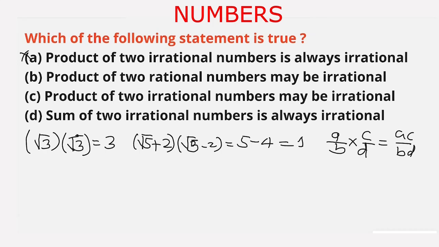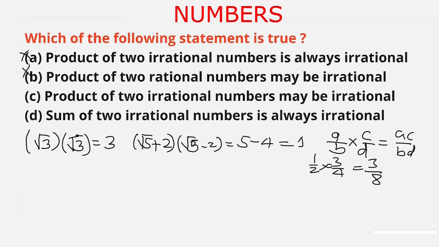By numerical example, 1 upon 2 multiplied by 3 upon 4 is equal to 3 upon 8. 1 upon 2 is rational, 3 upon 4 is rational, and 3 upon 8 is also rational. So statement B is incorrect.